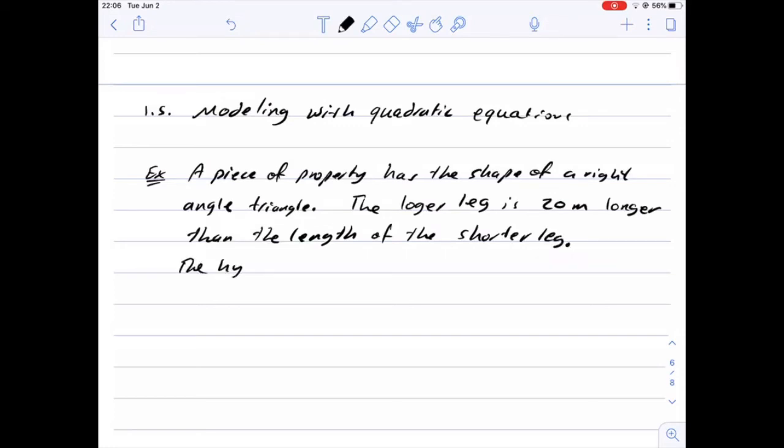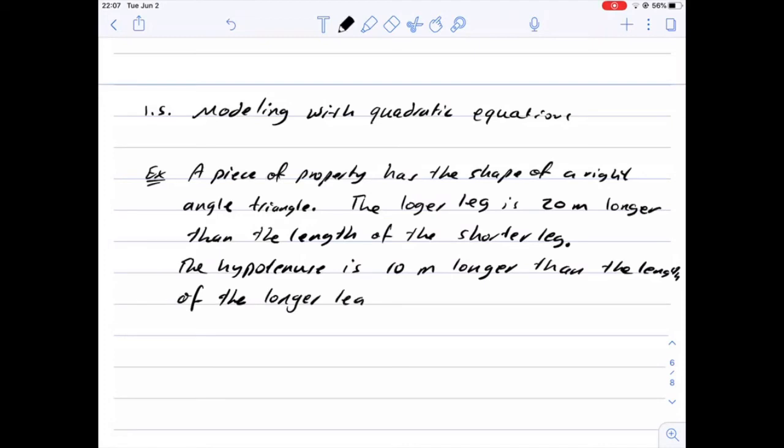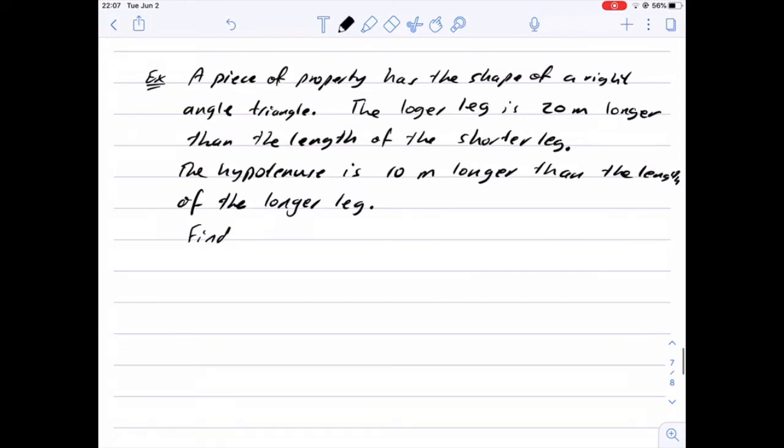Now the hypotenuse is 10 meters longer than the length of the longer leg. The question is, find the lengths of the sides of the triangle.